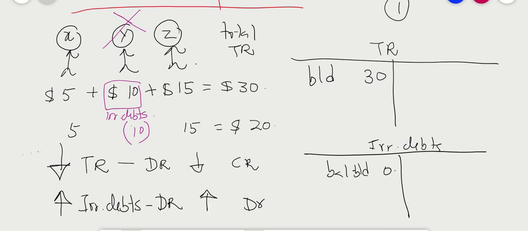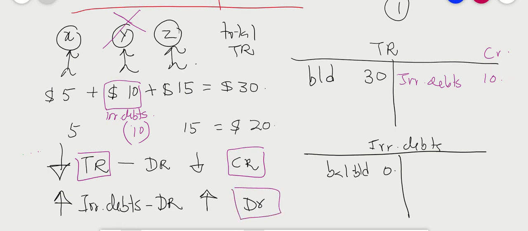I'm applying this rule. I have to credit my trade receivable account. Go to the credit side of my trade receivable account, opposite account's name, irrecoverable debt, and I would enter 10. And then I would go to my irrecoverable debt account, enter it on the debit side under irrecoverable debt, 10 as trade receivable.